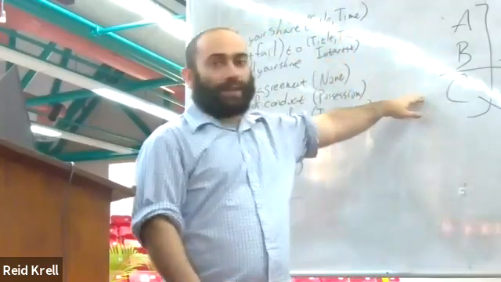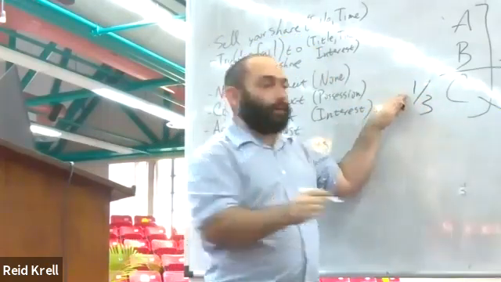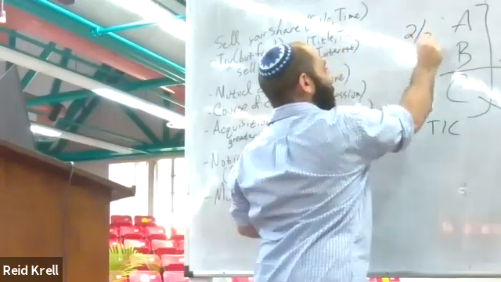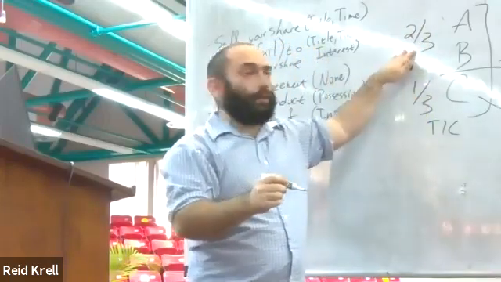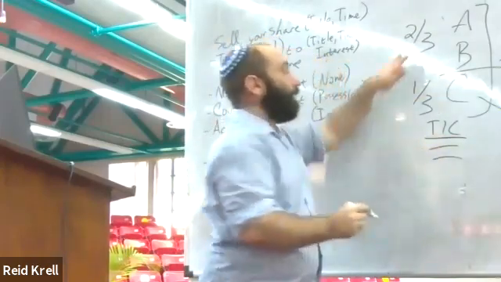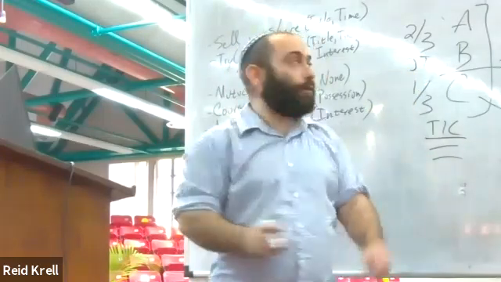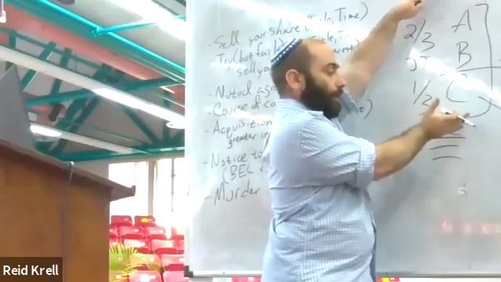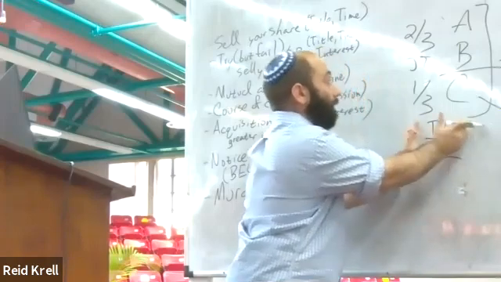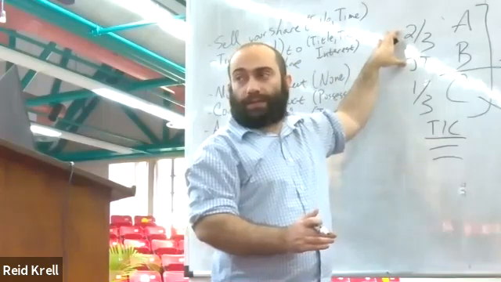So with 3 co-tenants in a joint tenancy, when it breaks, C now owns 1/3 as a tenant in common, and A and B own 2/3 of the property. And they own that 2/3 share as tenants in common, but they hold it as joint tenants. So the whole property is still held as a tenancy in common, but 2/3 of it is held with a joint tenancy.